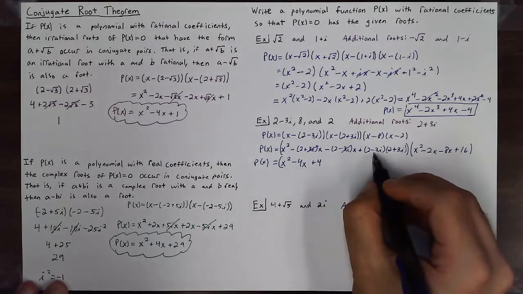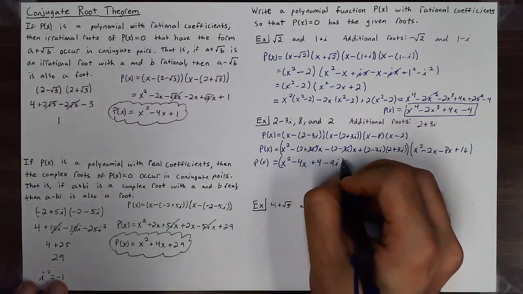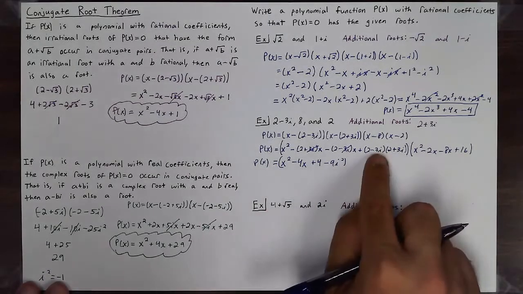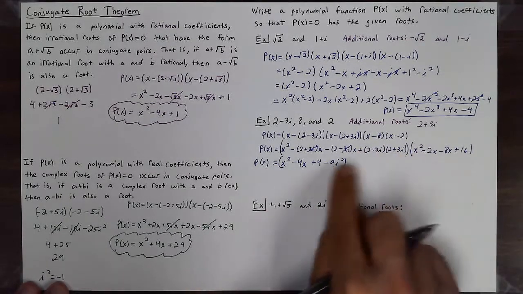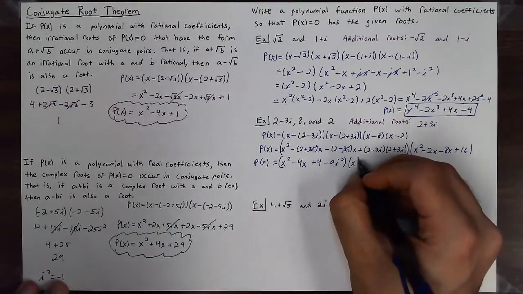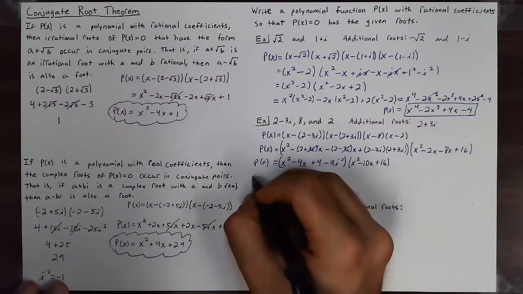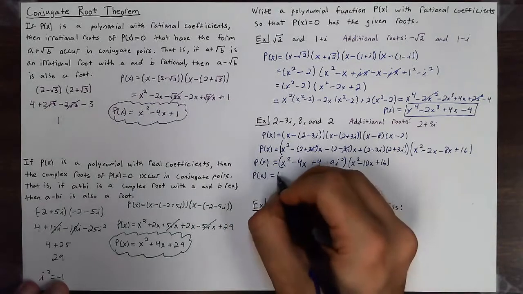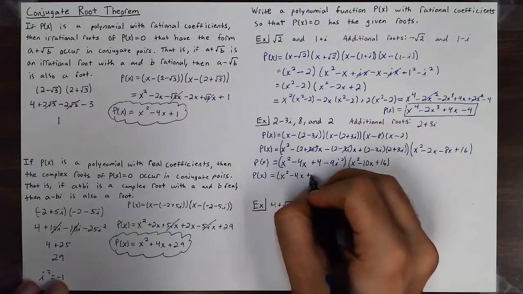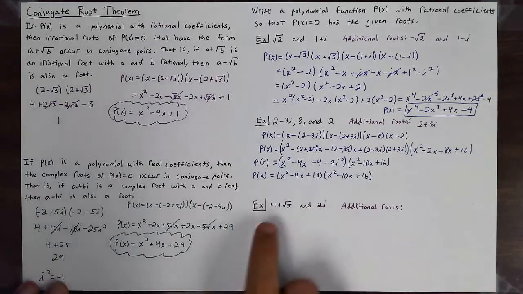And then negative 3i times 3i, which is minus 9i squared, which will end up being plus 9 later when I change the i squared. Again, those middle terms, negative 6i and positive 6i, will cancel. That's why I don't write them. And on the right, I have x squared minus 10x plus 16. So now I need to multiply x squared minus 4x, then 4 plus 9 is 13, times x squared minus 10x plus 16. So I'm going to distribute.